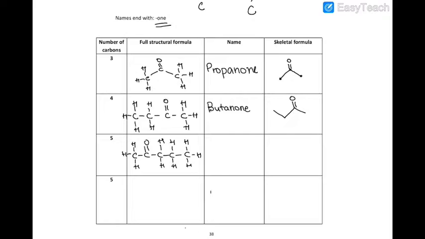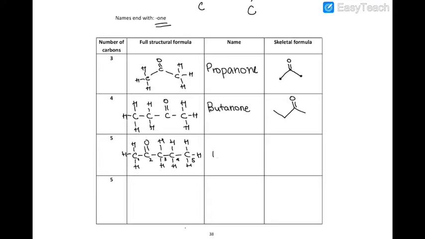Let's number this one: 1, 2, 3, 4, 5. So this is going to be pentanone. There are two ways you can name that: either pentan-2-one or 2-pentanone.